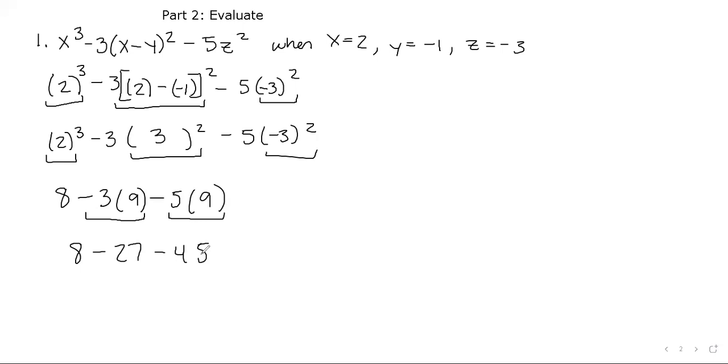And then we need to do our subtraction, and we should get -64, okay? So, some of y'all don't like a lot of steps, but we just got to do what we got to do, okay? And when we do it, we will get the correct answer if we follow the steps correctly, all right?